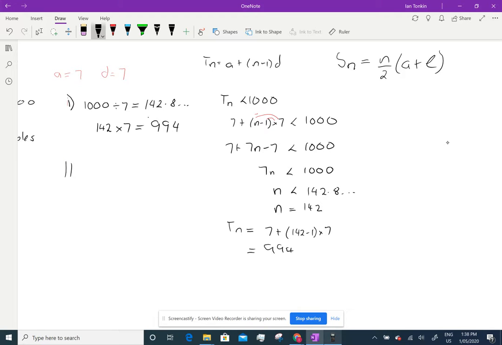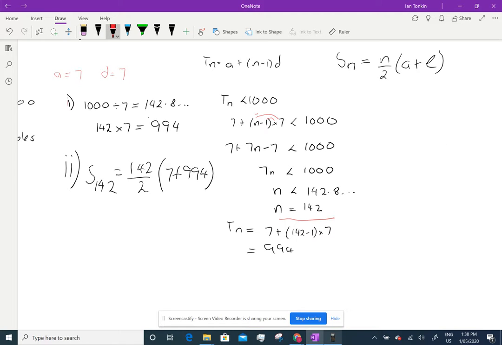So we already know the last multiple, it's 994. So S of 142, how'd you know that? Because we found it over here, equals 142 over 2 times 7 plus 994.